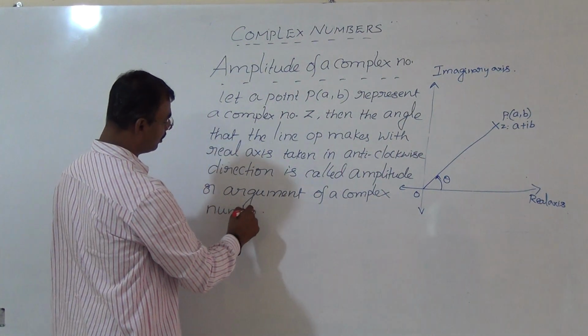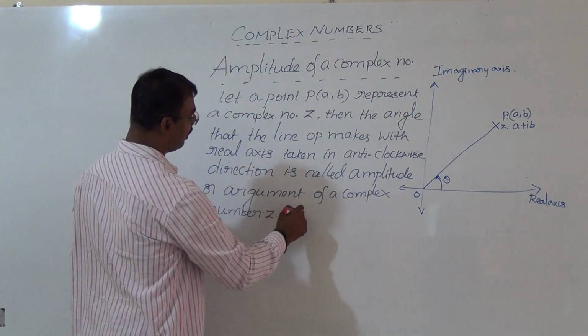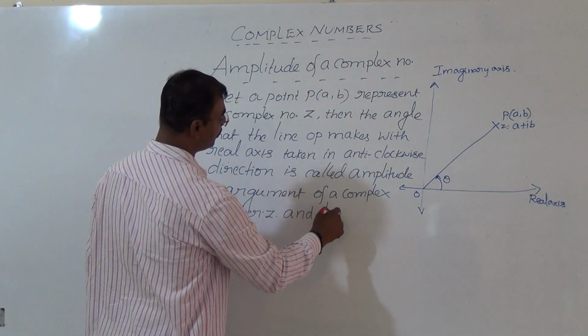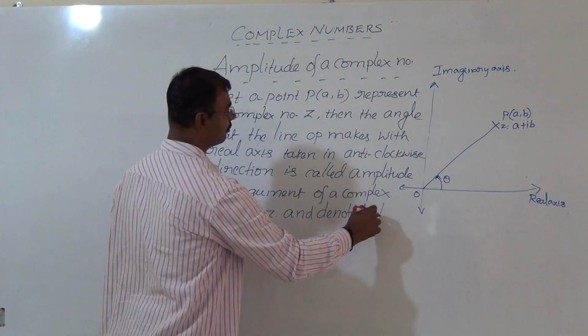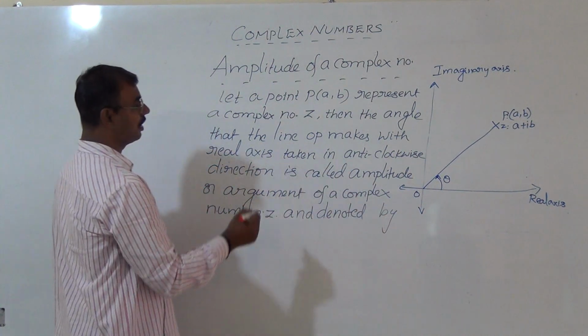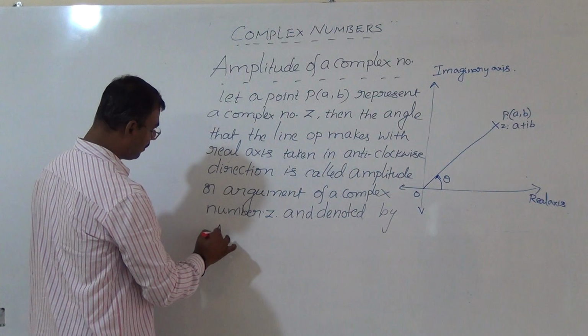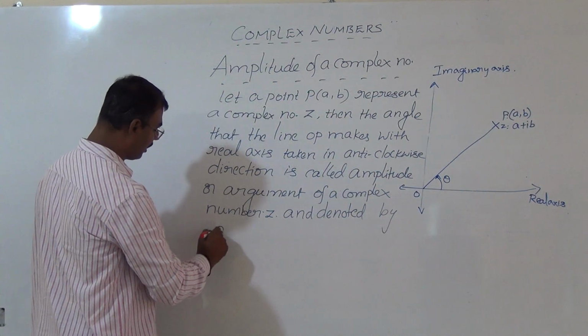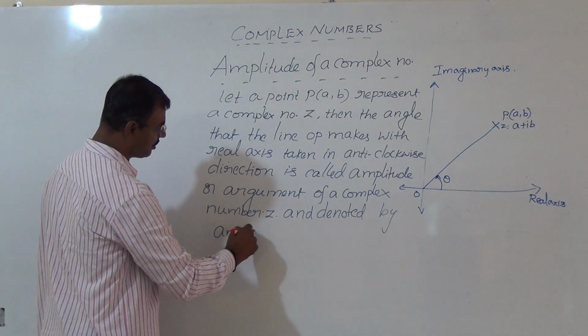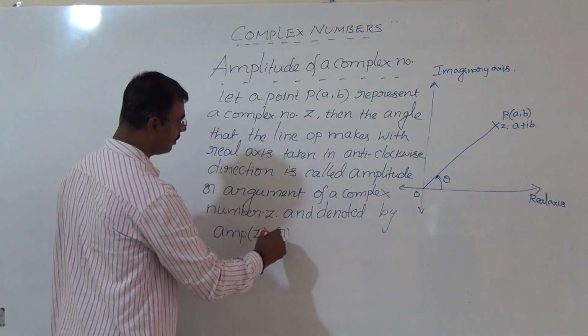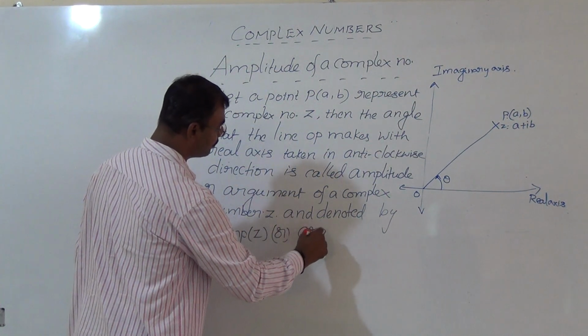How to denote this one? It is denoted shortly by amplitude of z, that is amp z, or else arg z.